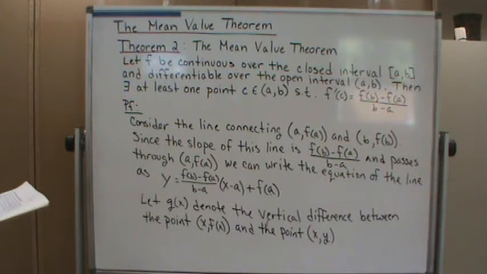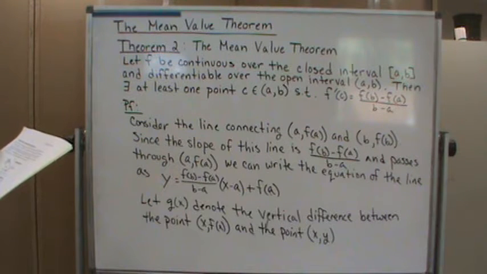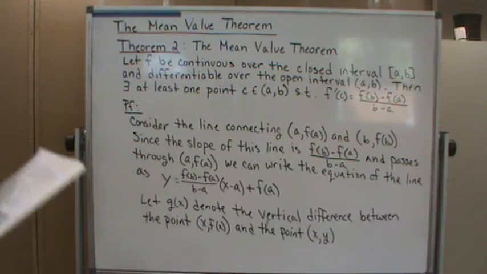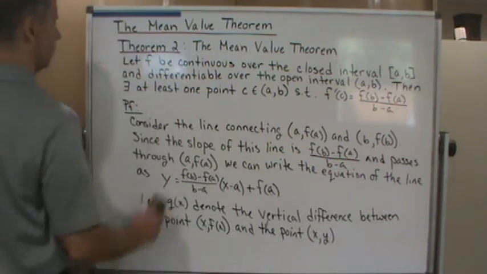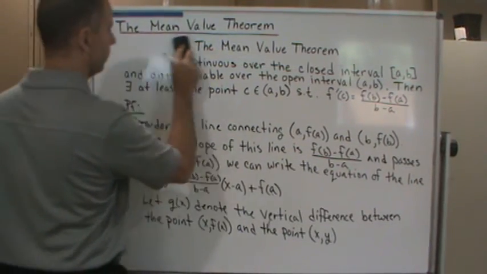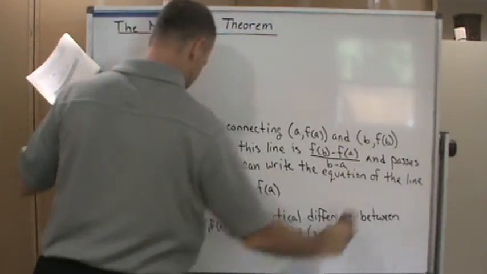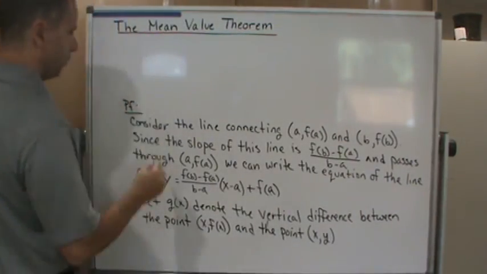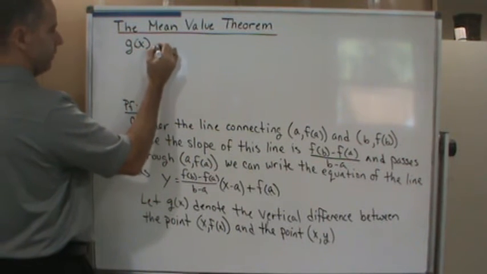And so we're going to define this vertical difference as a subtraction. I don't want to erase what I have down here yet. So in other words, we're going to define g of x as the difference between them.